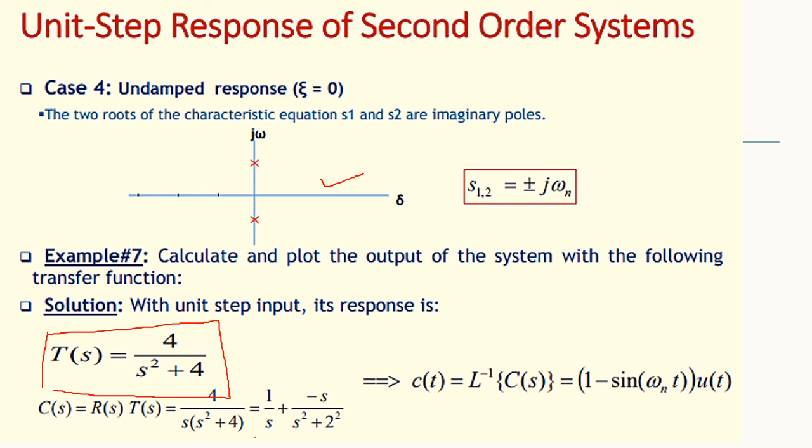If I apply partial fractions, I get 1/s minus s divided by (s² + 2²). Applying the inverse Laplace transform, I get (1 minus cos omega n t) u(t). As you can see, it is oscillatory.